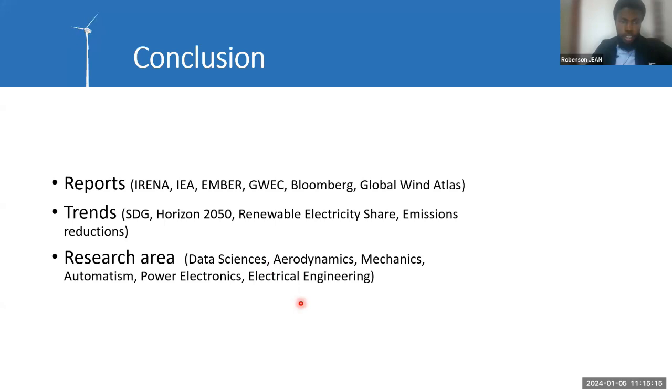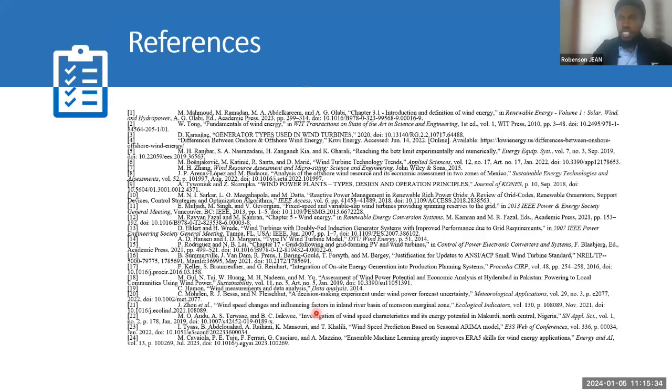Areas are data sciences, aerodynamics, mechanics, electromechanics, automatics, power electronics, power systems, electrical engineering. So I encourage you to go in this direction as you're here. So thank you so much, and ready for the questions. So let's go.